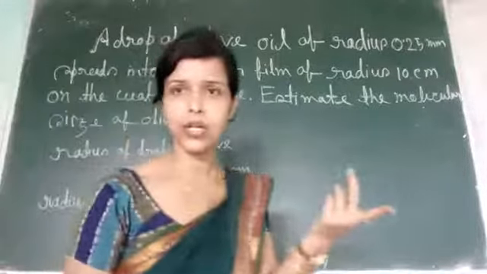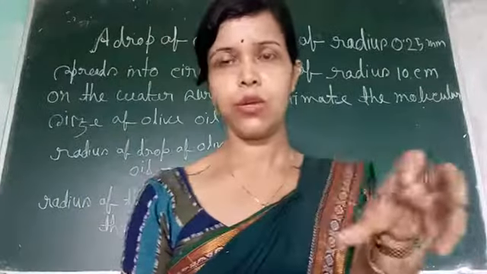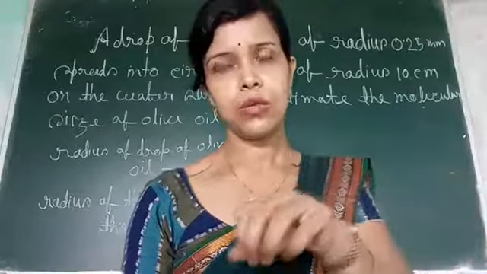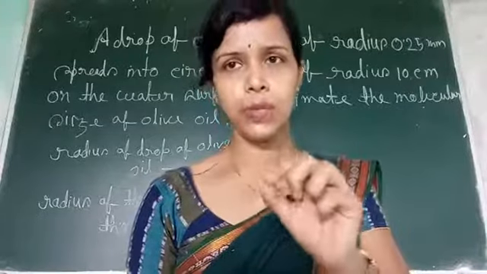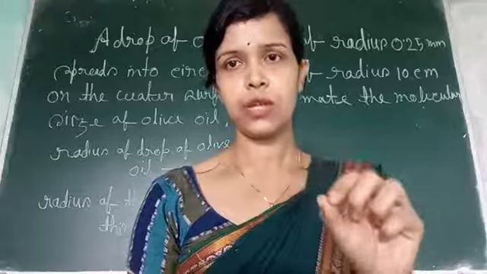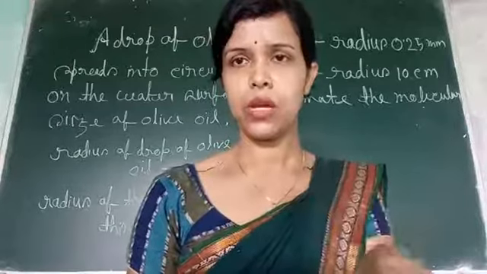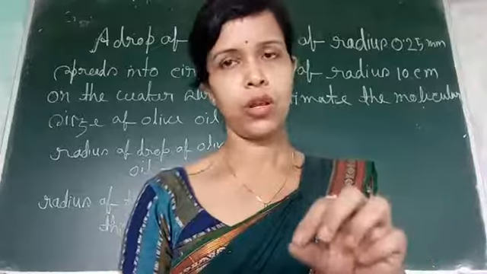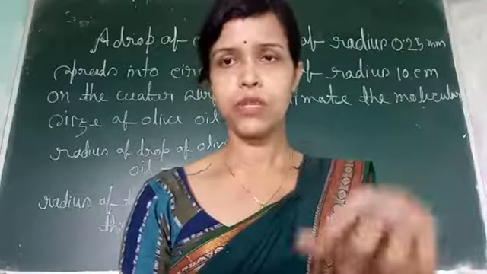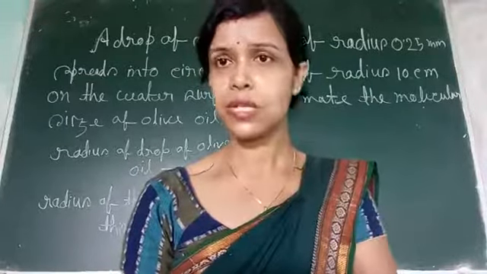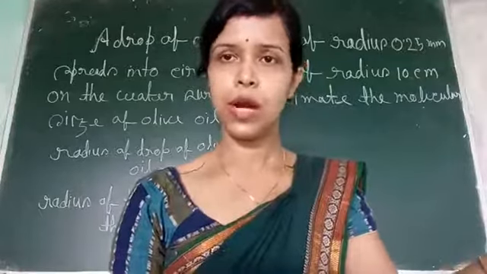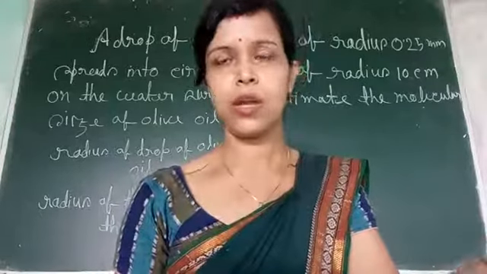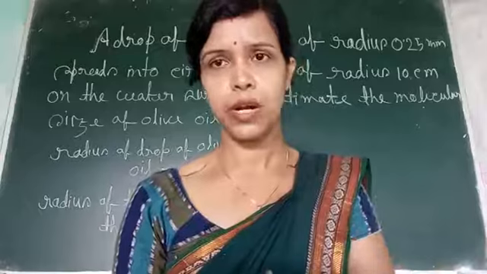In the theory I have already said one thing: the thickness of the thin film is equal to the diameter of one molecule of the olive oil. That means the molecular size of the olive oil and the thickness are the same. So regarding that concept, we have to solve this numerical problem.